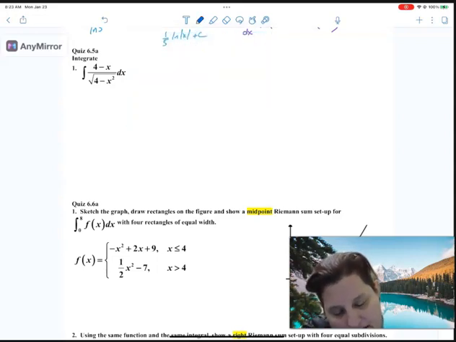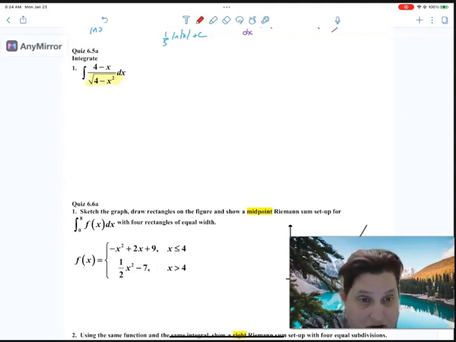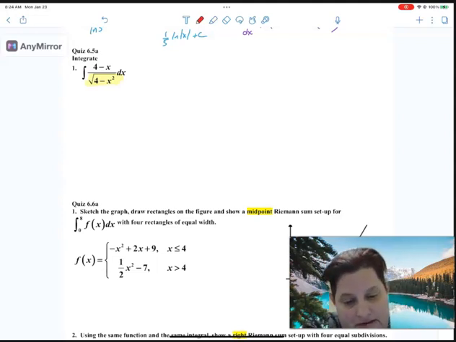When I look at this, the first thing I think is, oh, u sub, and u is 4 minus x squared, du is negative 2x dx. But because of that 4, that doesn't really work. One thing I'm thinking is this pattern looks a lot like inverse sine, which is 1 over the square root of a squared minus u squared.